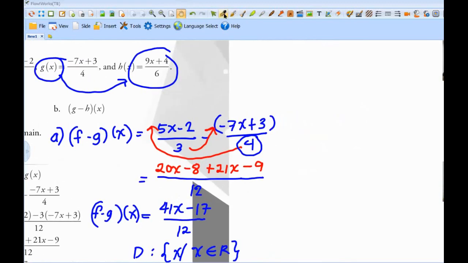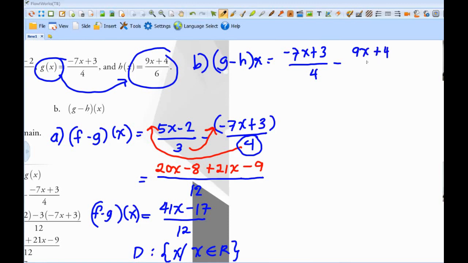So let us try B, (g minus h)(x). It will be (negative 7x plus 3) over 4 minus (9x plus 4) over 6. Okay? What is the LCD between 4 and 6? It is also 12.